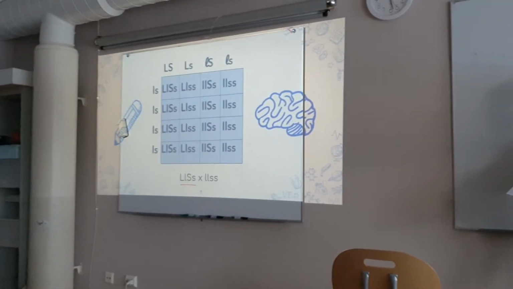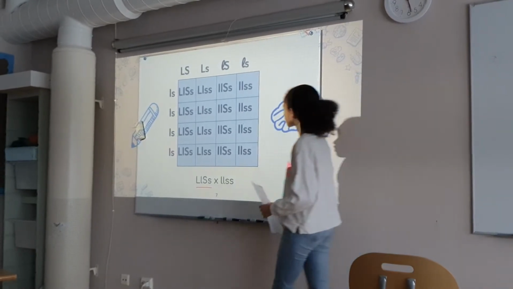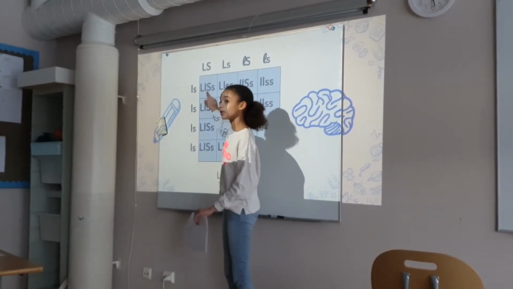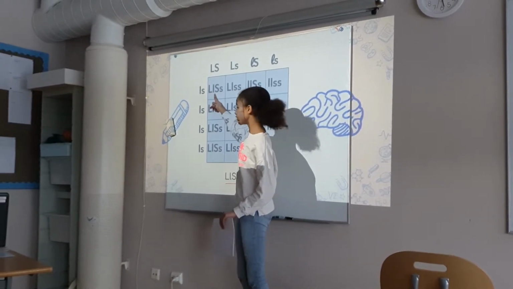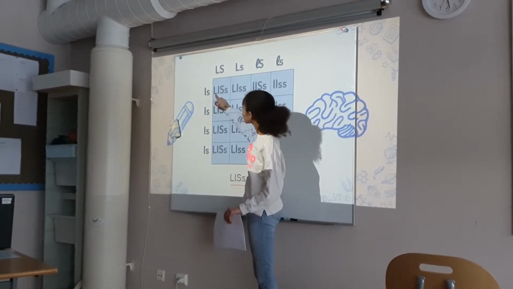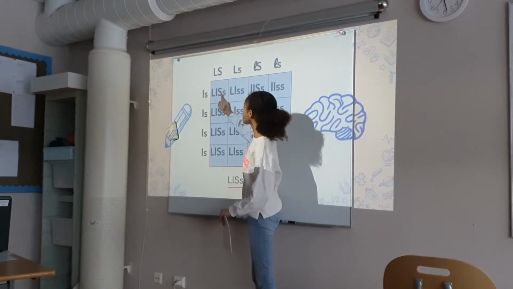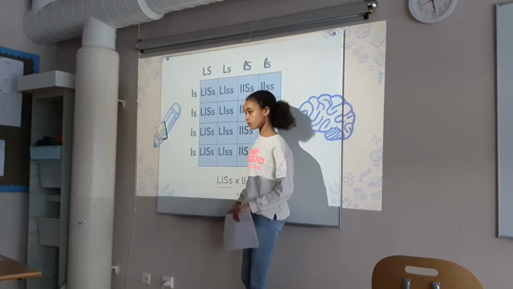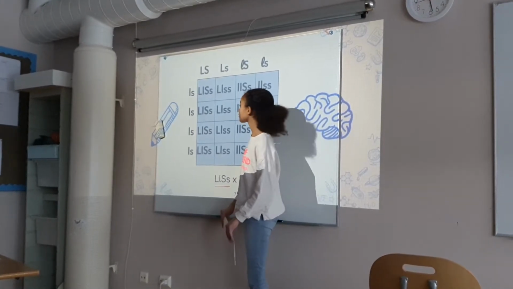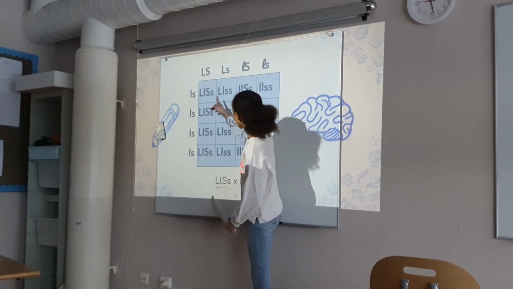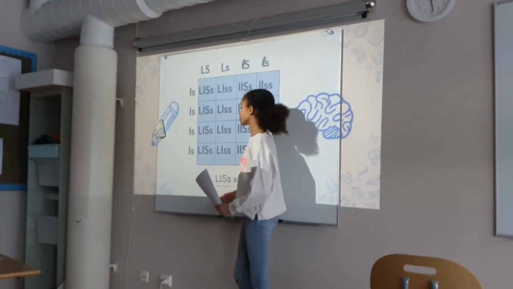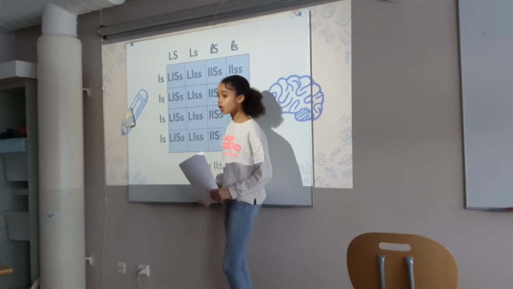With the first row, it has a capital L and a small l. Since capital L is dominant over the small l, the dog would have long ears. And since it's capital S, which is dominant over a small s, the dog would like swimming. So the first row would be a dog with long ears who likes swimming. The second row has the same capital L, small l, but it's small s, and that's recessive, meaning that the dog does not like swimming.